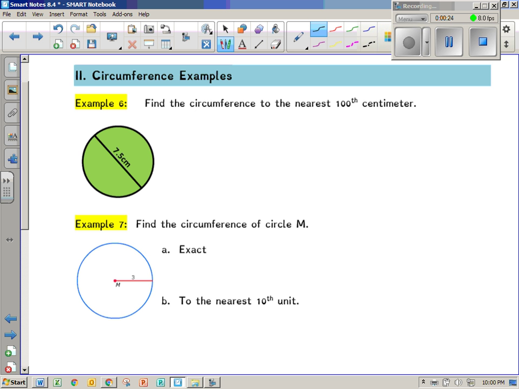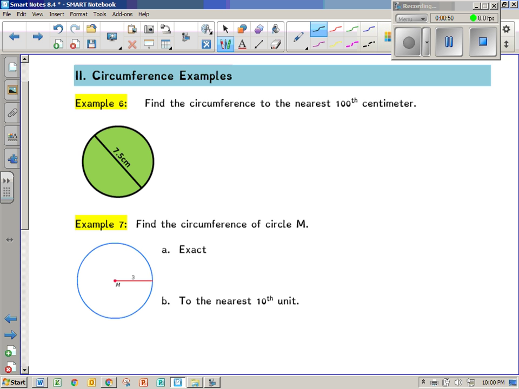It just has circumference. And easy to remember because it starts with cir, just like circle. So the term circumference does not refer to any other distance of any other shape, just circles. So there's a formula for circumference, and notice in the instructions it says to round to the nearest 100th centimeter.